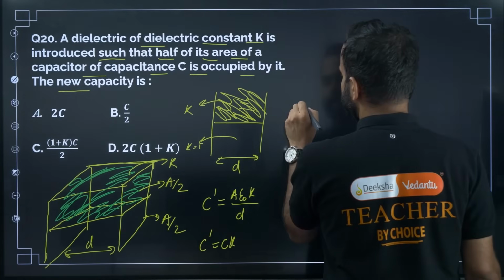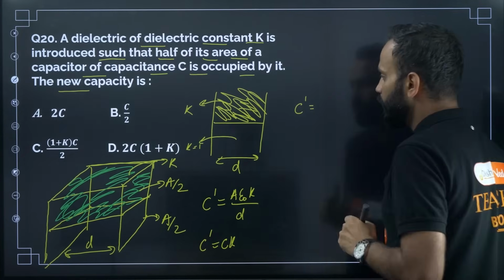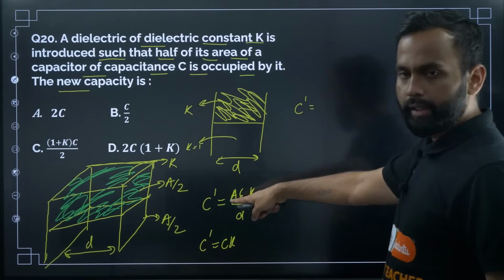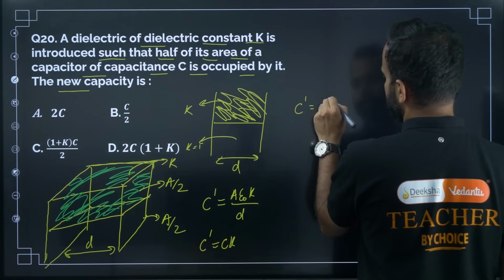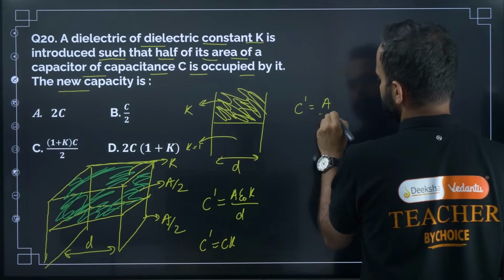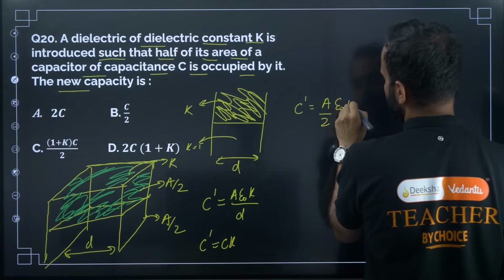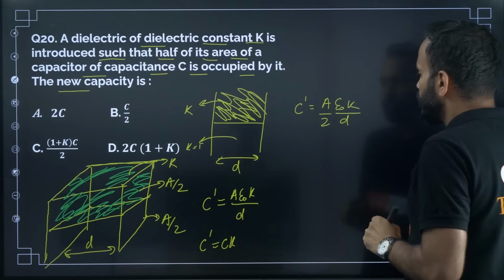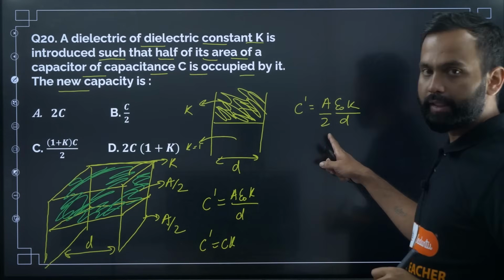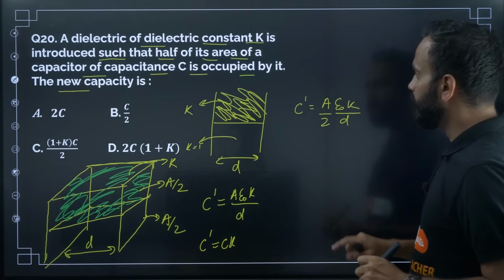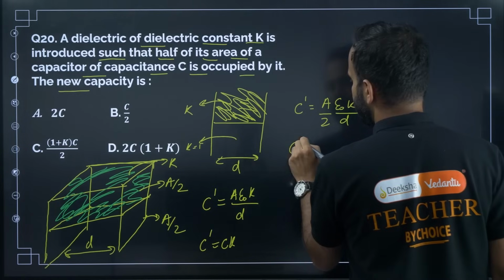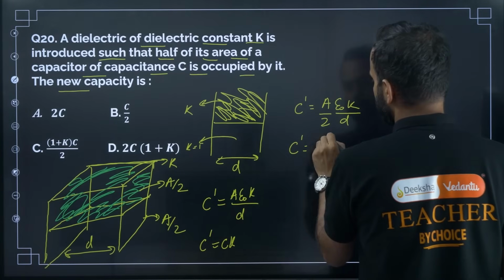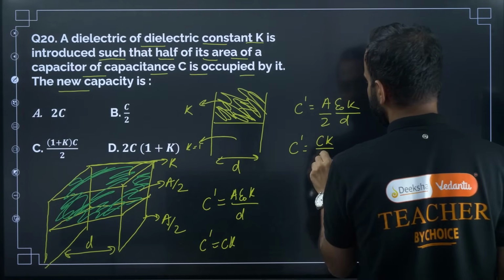So C dash is equal to, here area is A by 2, right? A by 2 into epsilon naught K divided by D. So A epsilon naught divided by D is C, right? So C dash is equal to C into K divided by 2.